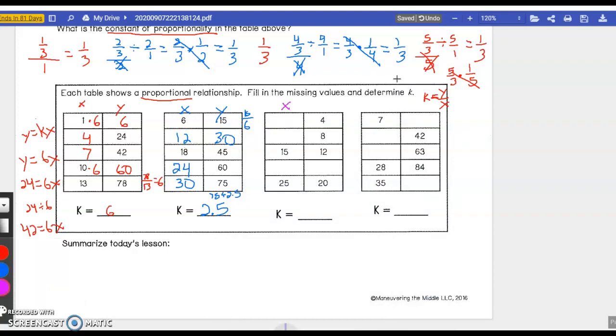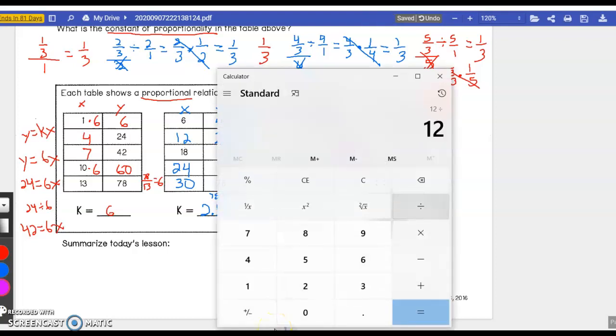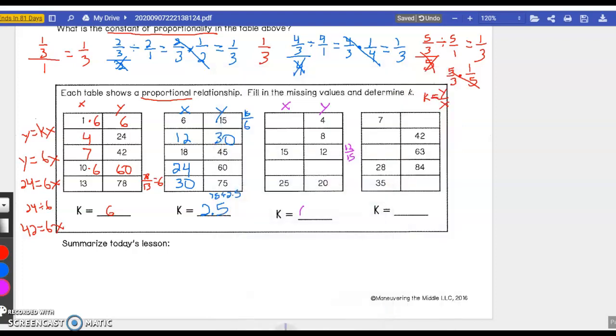X, Y. It's okay if we get a number less than 1. 12 divided by 15 is 0.8. So again, we're going to have to think of it in terms of dividing. 4 divided by 0.8.